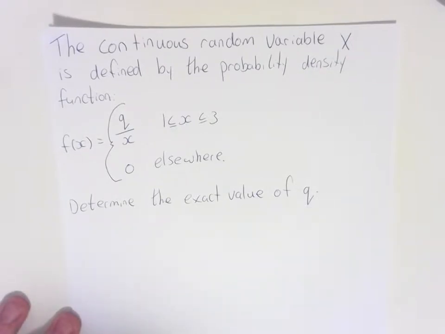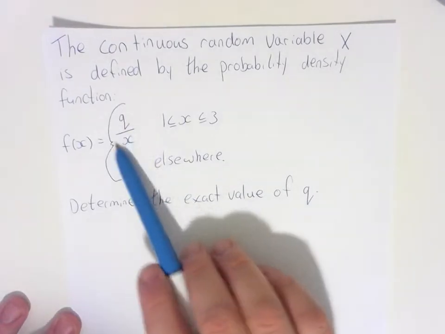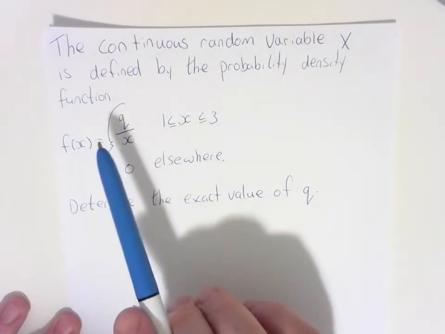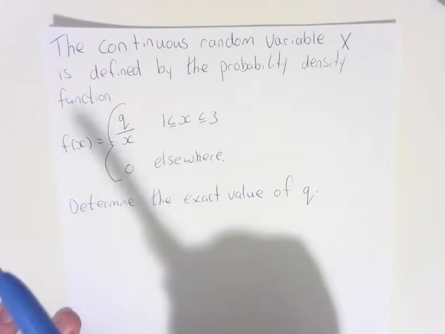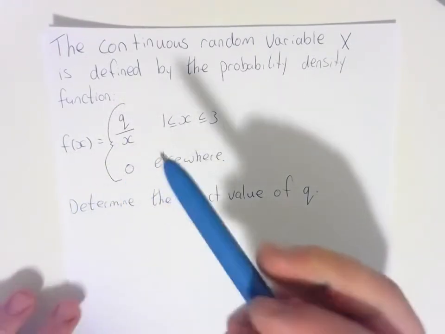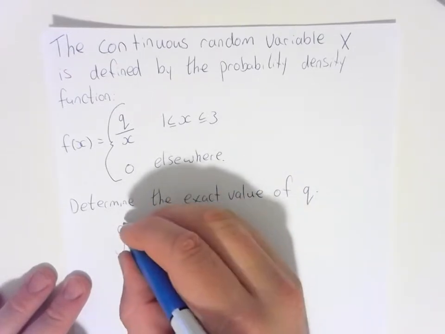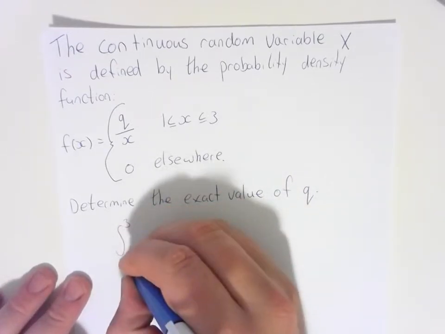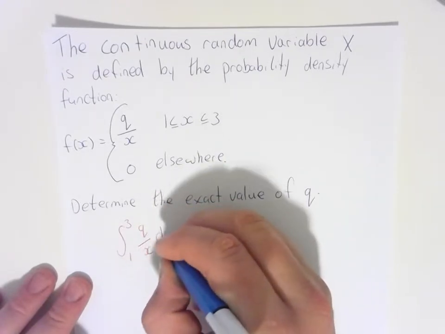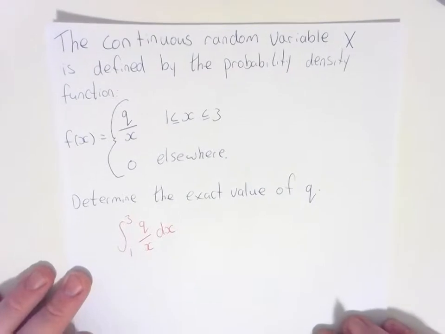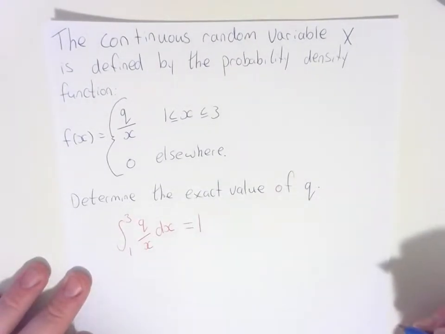Now in order to do that, we know that because it is a continuous random variable probability density function, if I take the integral between 3 and 1 of q on x dx, that area is going to be equal to 1.